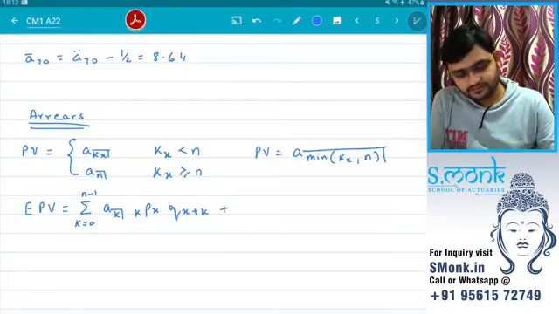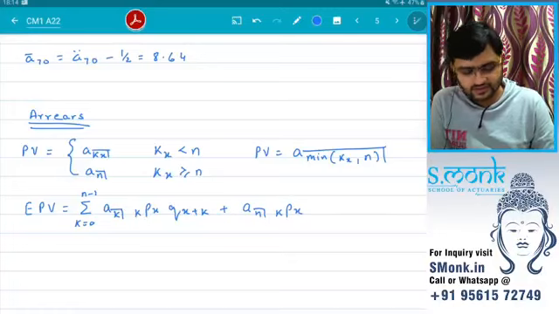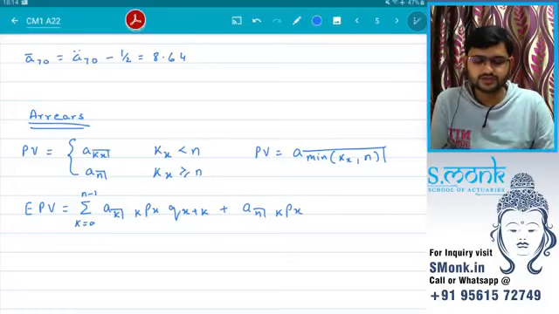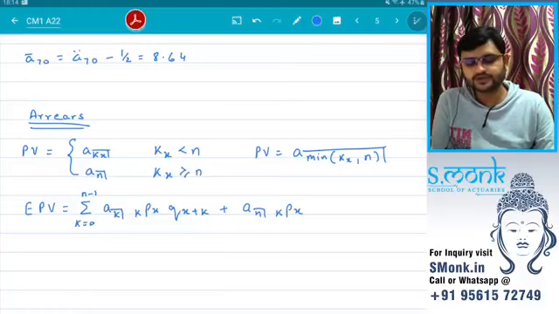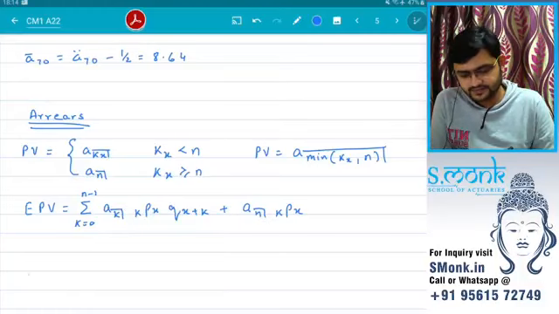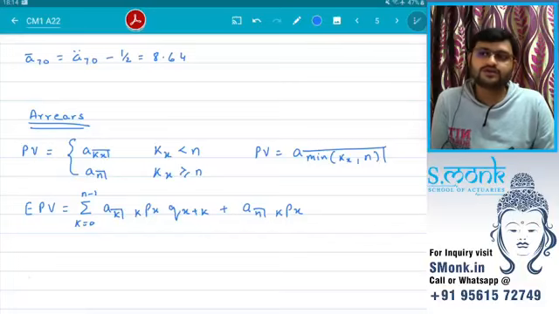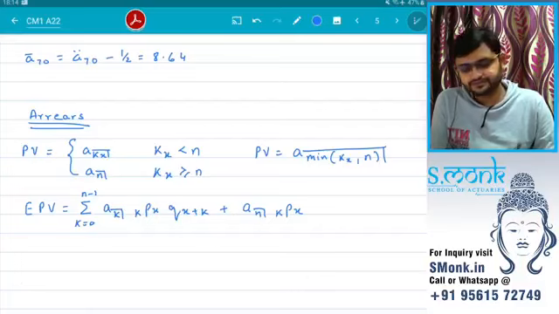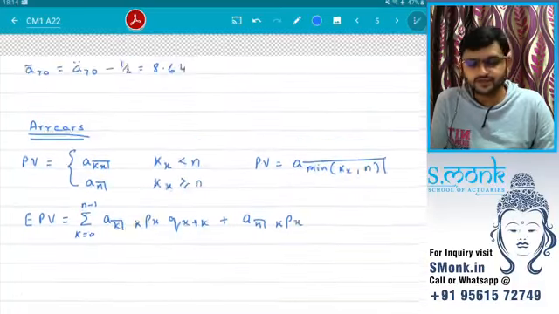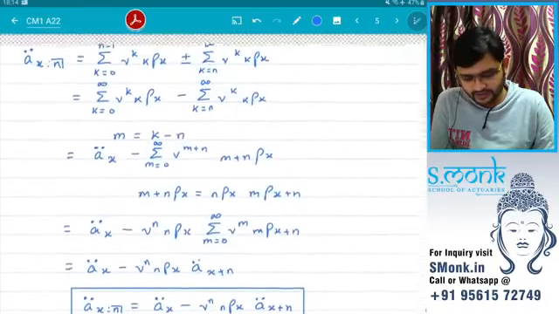Plus we'll have a_n for anybody who survived for n years, so npx, a complete n years of annuity given to a person who survived n years. Then we talked about this, that we can also write this in terms of which payment is given to which person. Did we do that here?